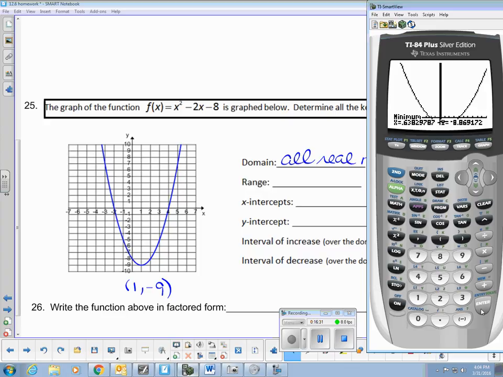That doesn't look right. Let me just go back again to my graph. X squared minus 2x minus 8.